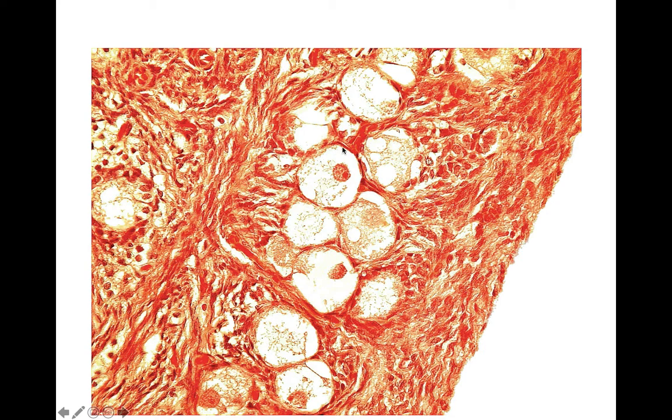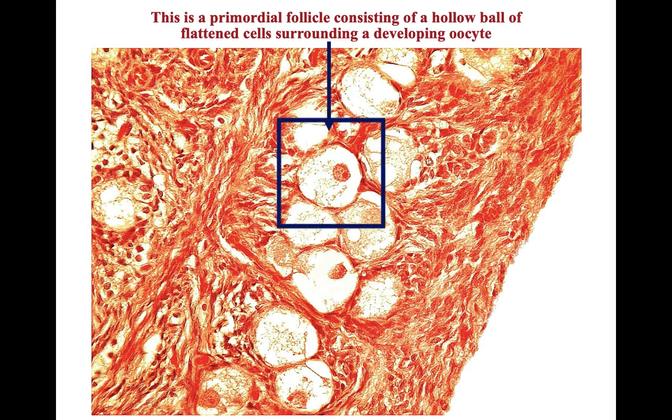You can imagine a follicle as a ball filled with fluid. What you have here in white is fluid, and suspended in this fluid, you can see it here, the pink circle, is the developing egg, or so-called oocyte, if you want to use the technical term. This is what this label is telling you.